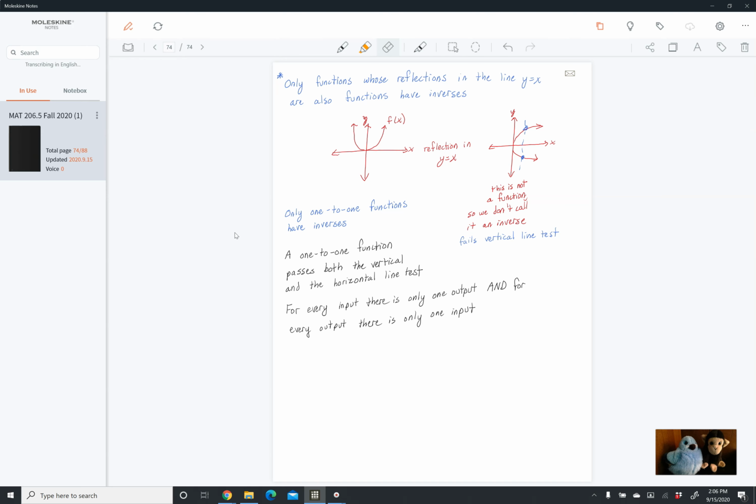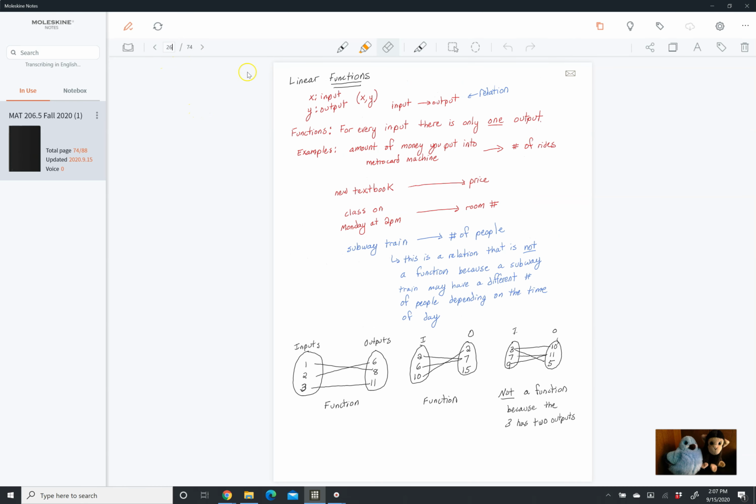So we talked about this when we originally defined function. Let me see if I can go back and find that. If you notice here, we talked about functions and we said, okay, this is a function because every input has only one output.